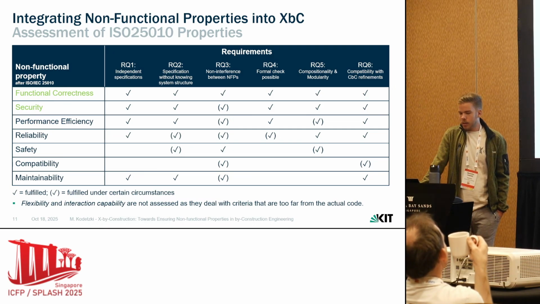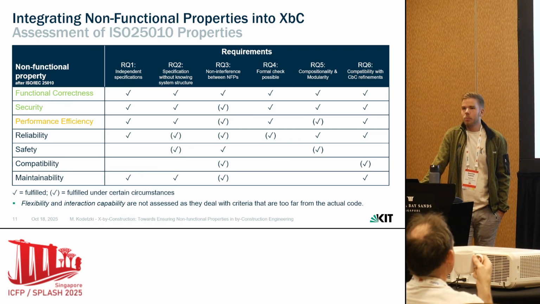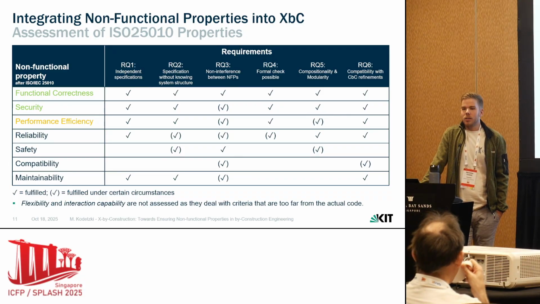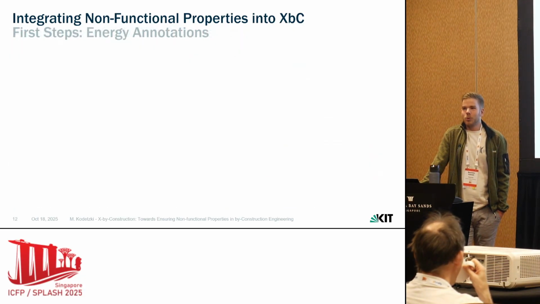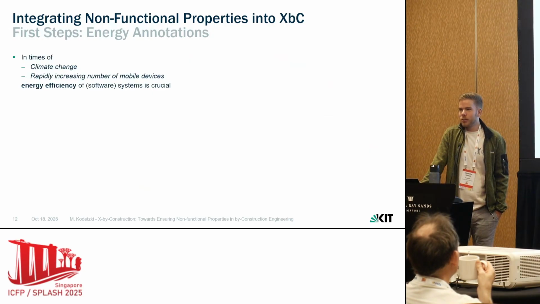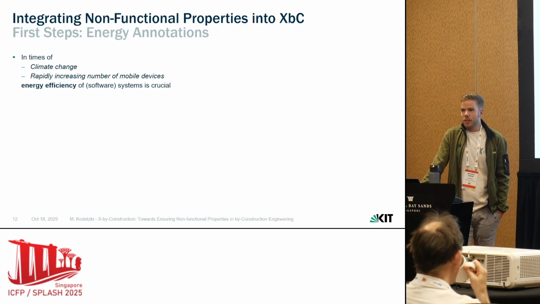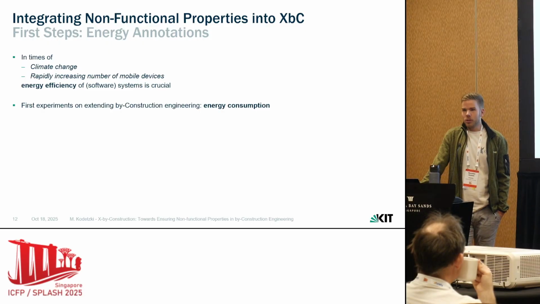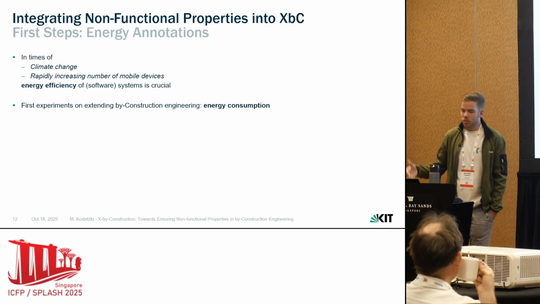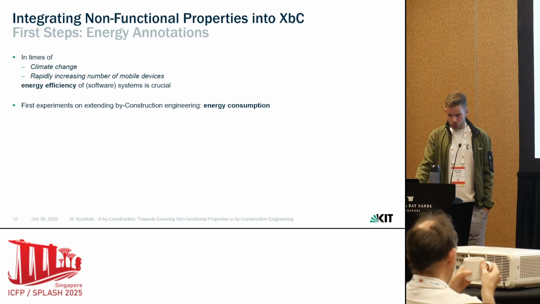Based on the results, we decided to have a look at performance efficiency first. And as we are in a world where there's climate change and sustainability, we decided to look at energy first. The ISO 25010 in this term says energy efficiency. For us, we look at energy consumption, so the actual energy that our program might consume when running.